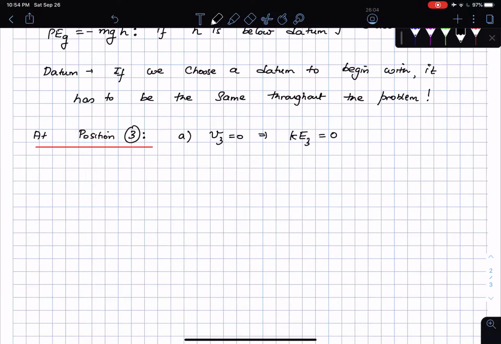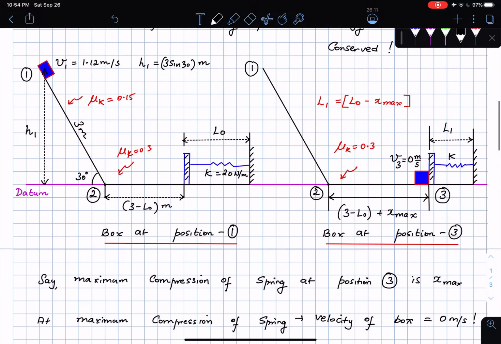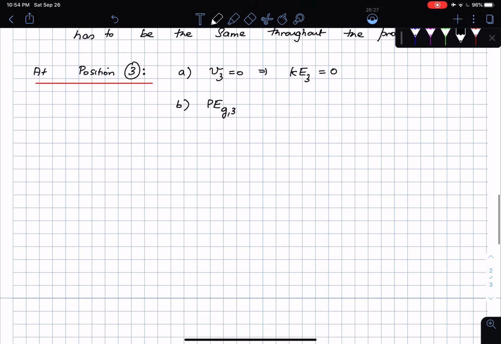Then for potential energy due to gravity at position 3, the height from the datum is inconsequential because this is a particle, so h3 is actually 0. There is no height from the datum, which means that at position 3 the particle has 0 potential energy. The particle is at the datum.